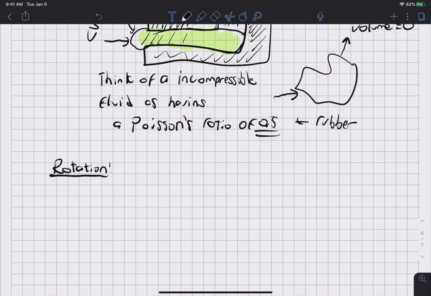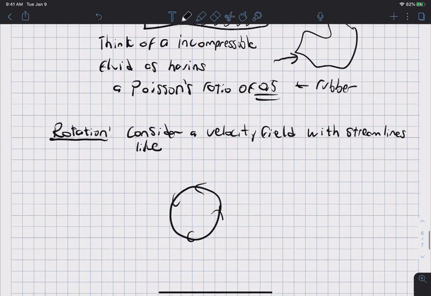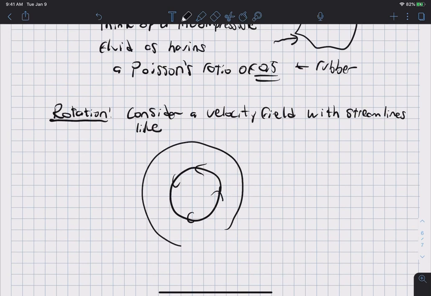Okay, I'm not going to spend too much time on this, but you could consider a velocity field with streamlines like the following, where the streamlines just basically form a bunch of circles.